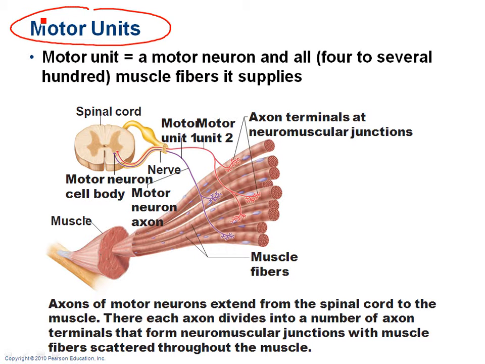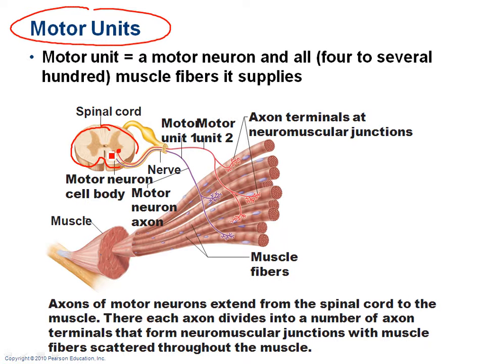Okay, so if we take a look at this little diagram over here, this is a cross-section through your spinal cord, and hopefully you have learned that your motor neurons are located there, in your spinal cord. The main cell bodies of the motor neurons are located there, and then their axons extend all the way from the spinal cord to the particular skeletal muscle that that motor neuron controls.